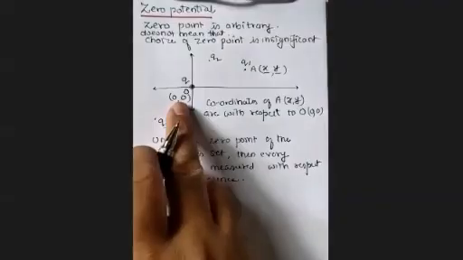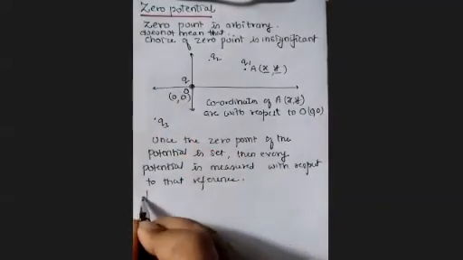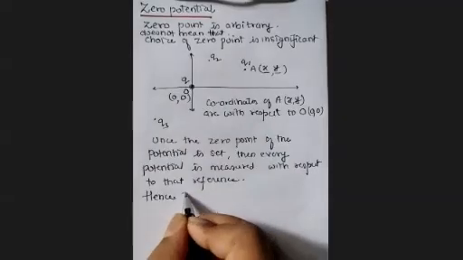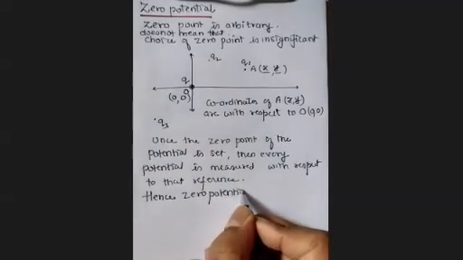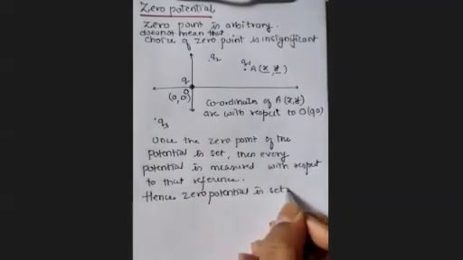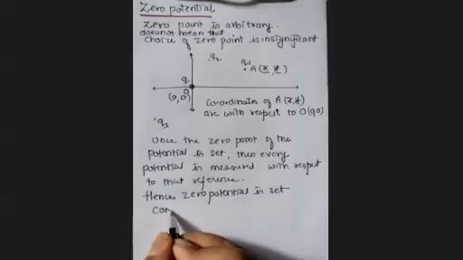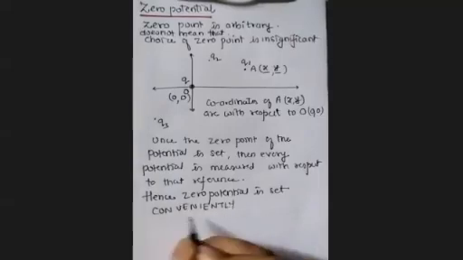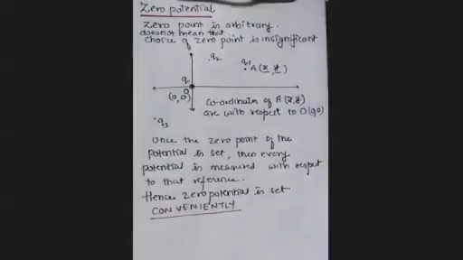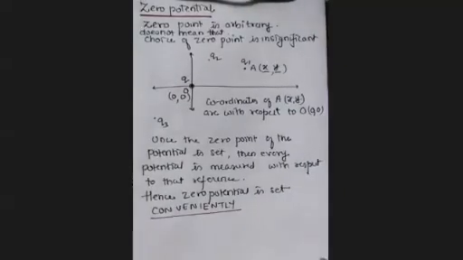So that becomes the reference value. Hence, zero potential is set conveniently.